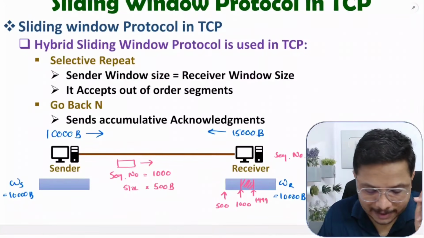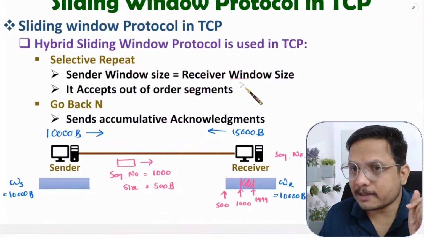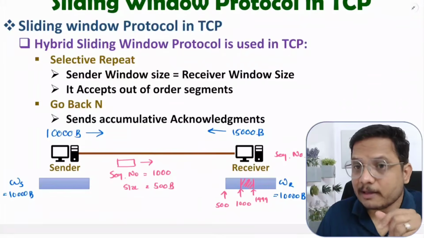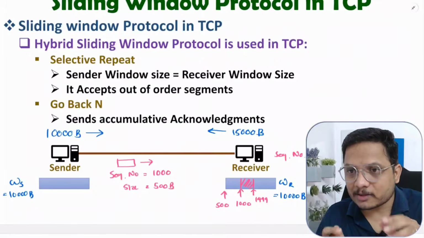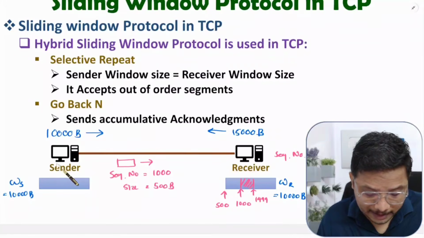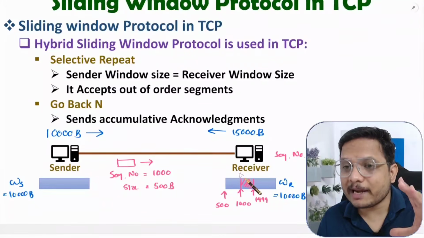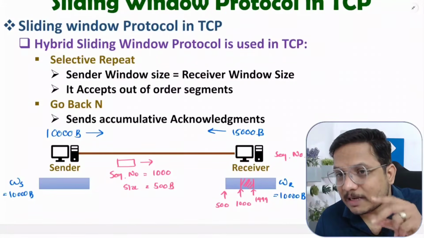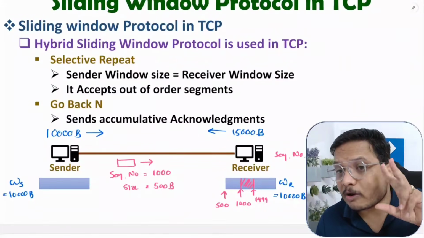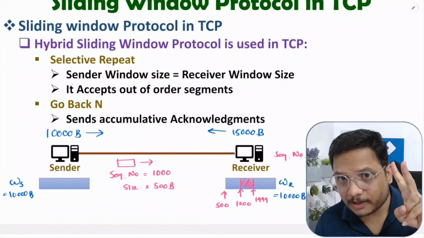And see this sender window size and receiver window size, that has been decided during connection establishment, right? So during data transfer, sender and receiver both were having idea about what are the window size, right? And that has been decided based on lower of those two hosts.